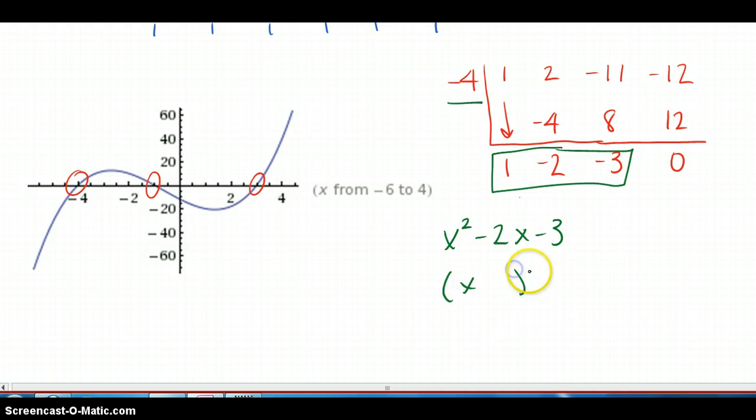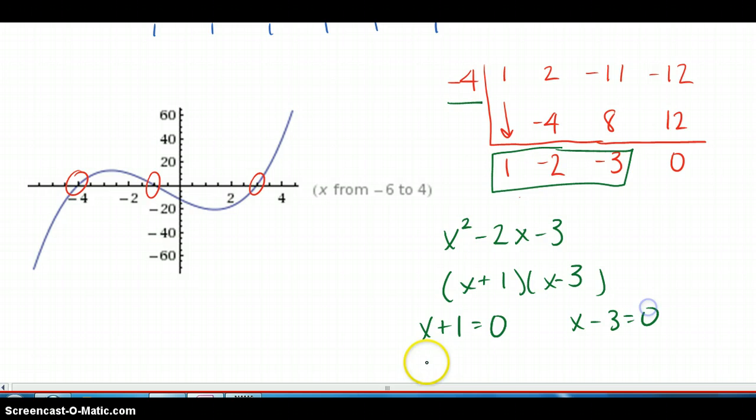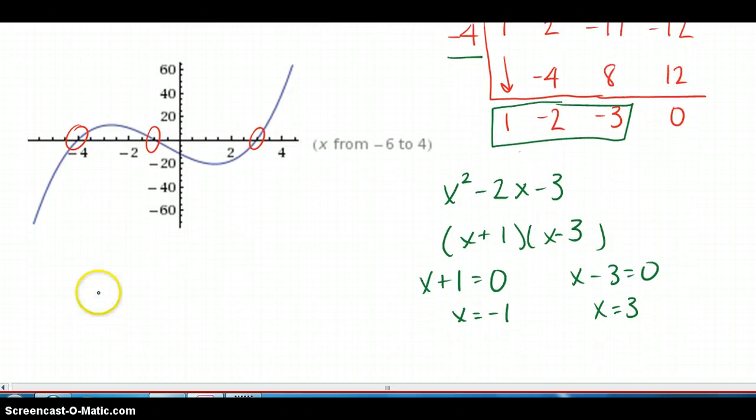We know that this factors as the sign is negative, so it's plus or minus factors of 3 that subtract to give you 2. We have 3 and 1. And if you set those equal to 0 to find your remaining zeros, we get x is negative 1 and x equals 3. So your 3 zeros are x equals negative 4, x equals negative 1, and x equals 3.